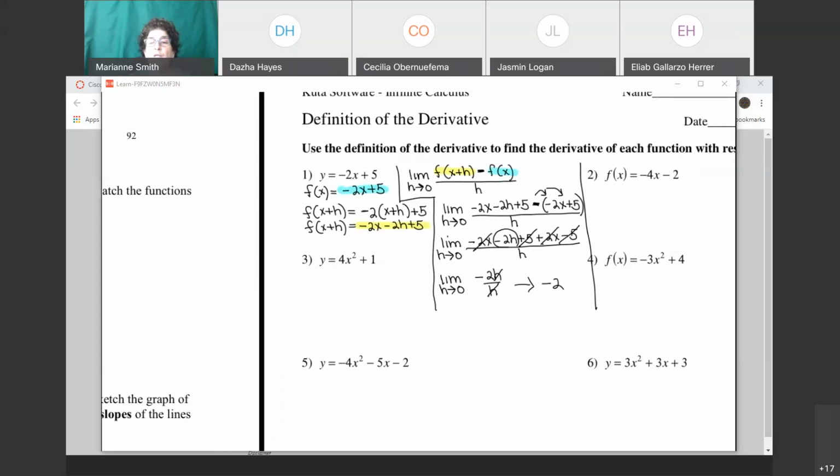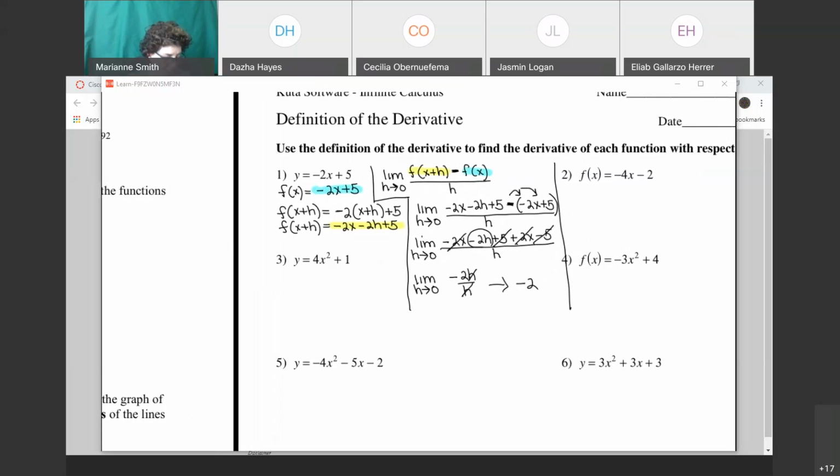So note here, what am I saying? I'm saying that the derivative, or y prime, here is just the constant negative 2. And if you look at what you started with, a linear function, its rate of change is always the same, namely the slope.